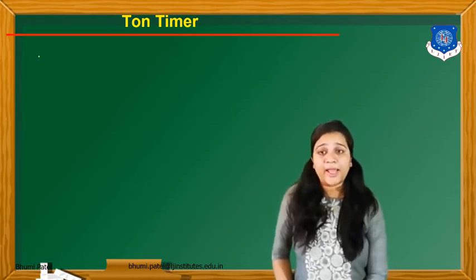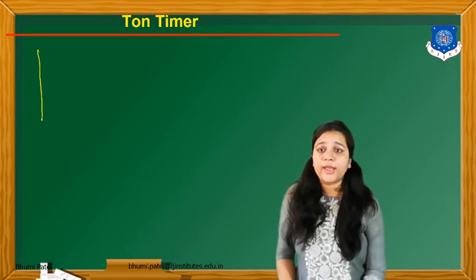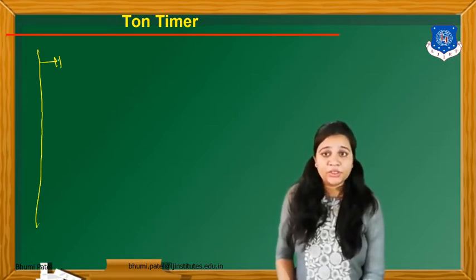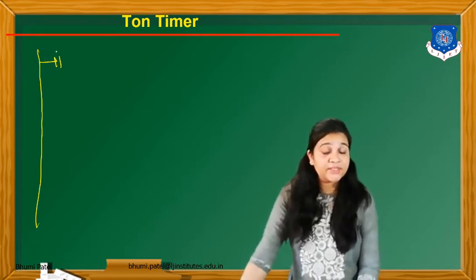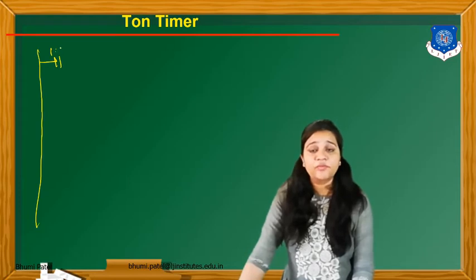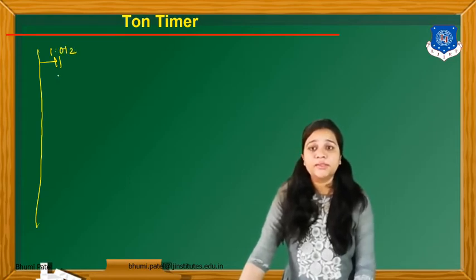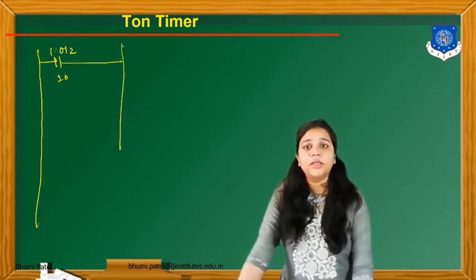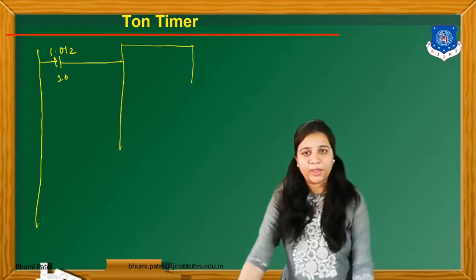For the T-on timer, first of all, we connect the input switch. Suppose we write the input switch in the textbook format, here we can write 1 jam 12. This is my input switch. After that, in the T-on timer, we connect the block format.